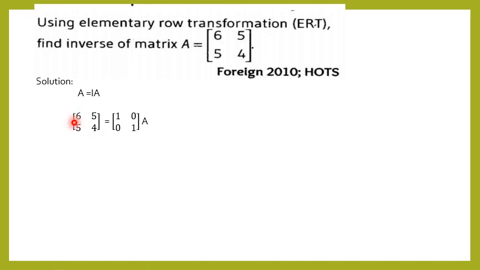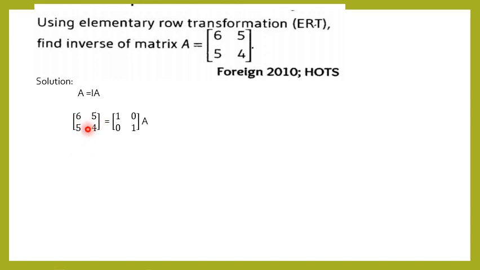So here just look. The trick is, first we need to convert the first element A11 to 1. Then the other elements in that column we need to convert to 0. That is, here 5 is the other element. We need to convert 5 to 0. If there exists another element, we need to convert that element also to 0.